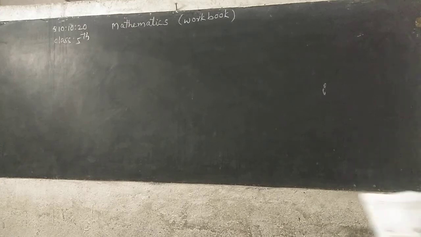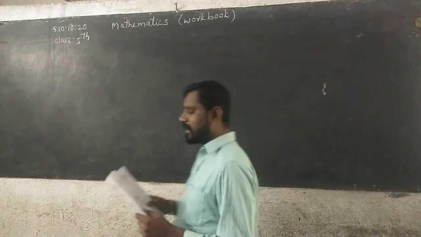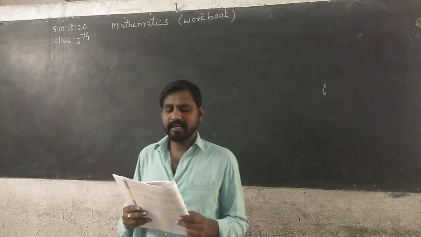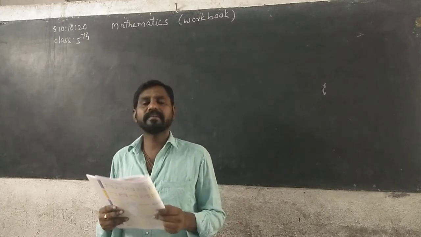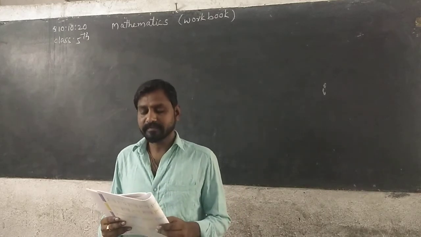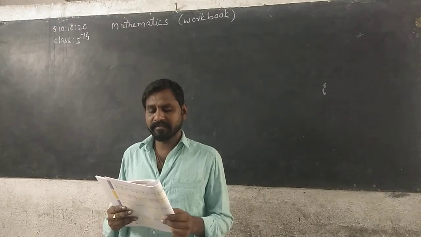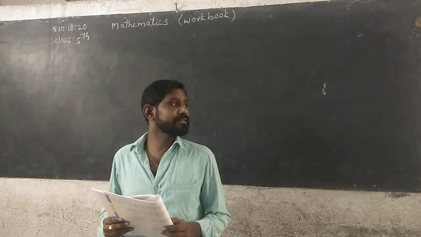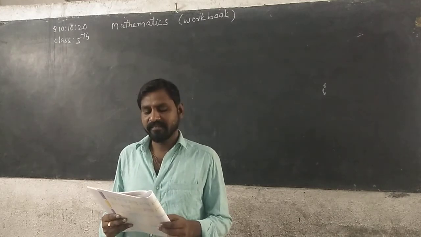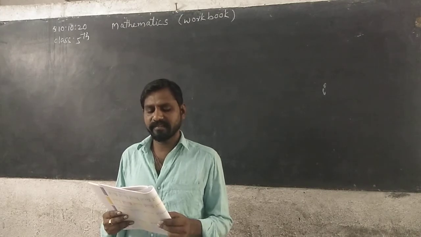See, once listen. A bakery buys 800 kg wheat every month. If the cost of the wheat per kg is equal to 65 rupees, what is the cost of the 800 kg wheat?